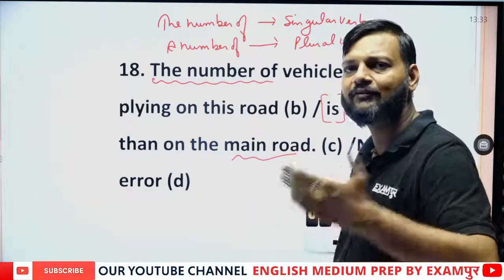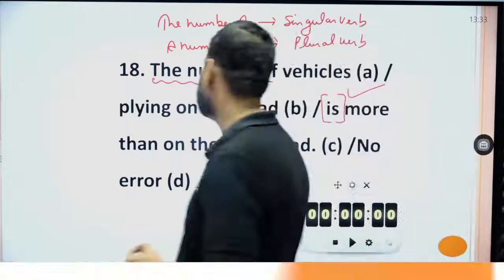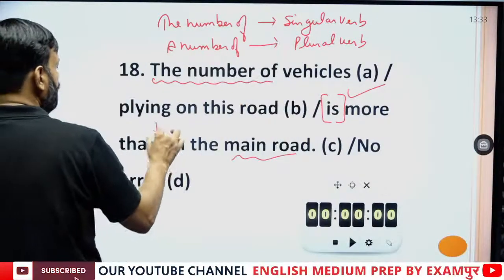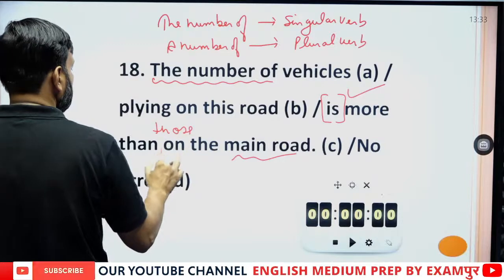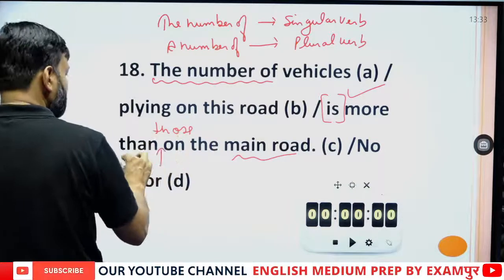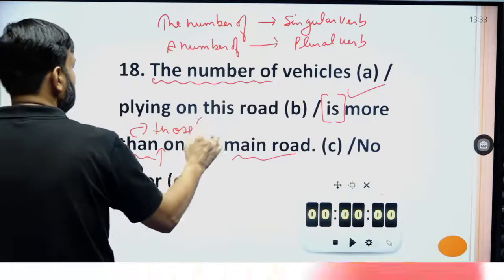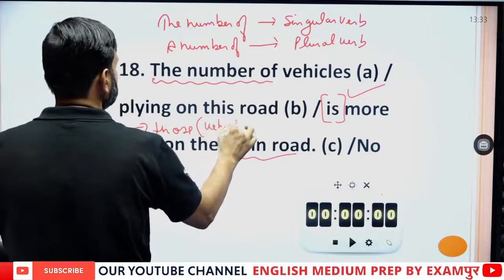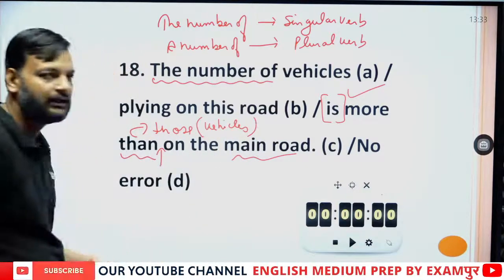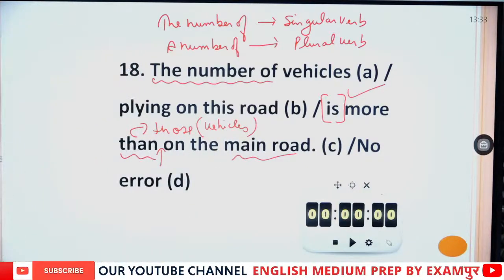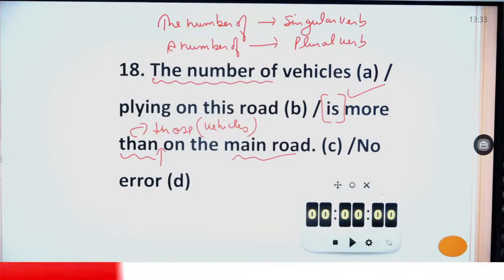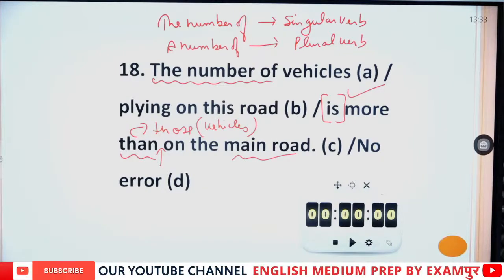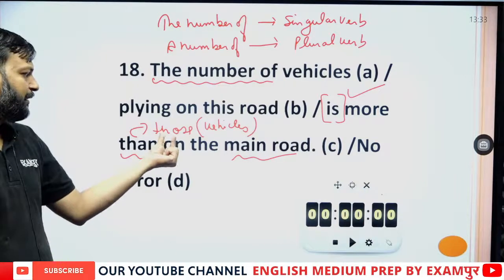For vehicles we use the word "those", so the sentence would be "more than those on the main road". Here, "those" means vehicles.